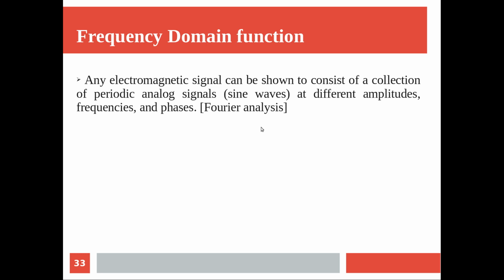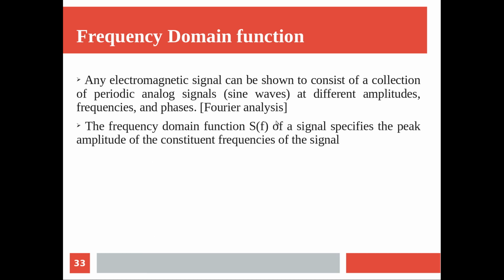And we have a mathematical way of finding out what all the basic sine waves within an underlying electromagnetic signal are, or analyzing and finding out the frequency components of a given signal. That is what happens in a Fourier analysis, and you may see this in detail later.